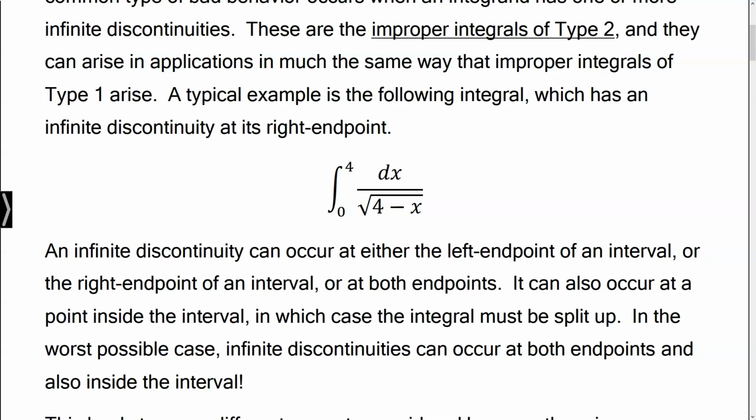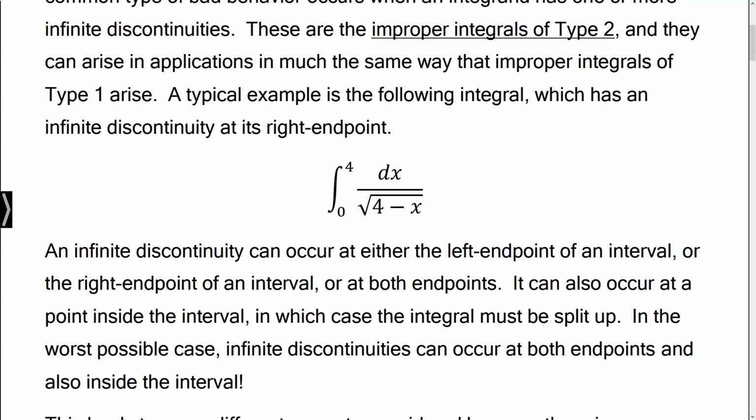It's perfectly well defined. But at the endpoint, it's not. And also, as you approach that endpoint, the function blows up. So you can't just say, oh, I'll just define it at 4, because if you define it at 4, now you've made it a discontinuous function. And so the original definition doesn't necessarily apply.